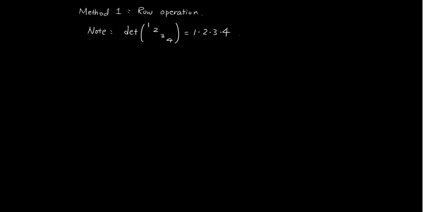The reason is simple, because you can do the row operation of this and make it into 1, 1, 1, 1. Or the other way, you can start from 1, 1, 1, 1, which has determinant equal to 1, and then you multiply by 2, multiply by 3, multiply by 4.